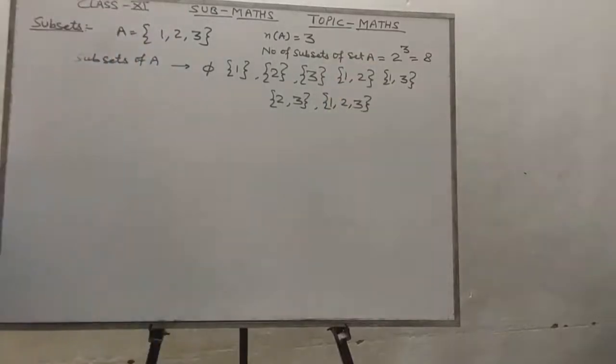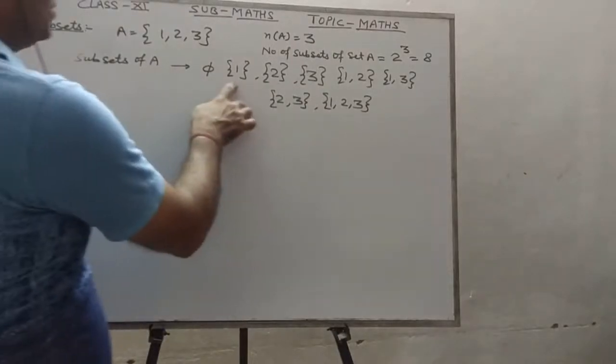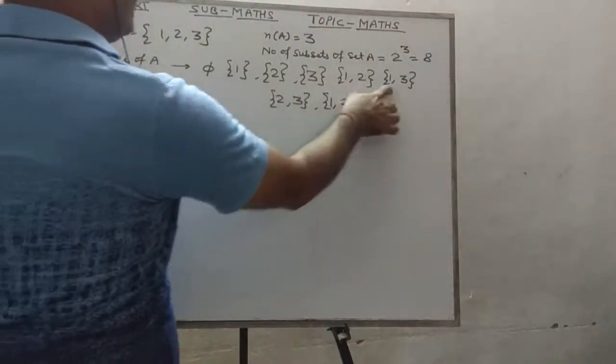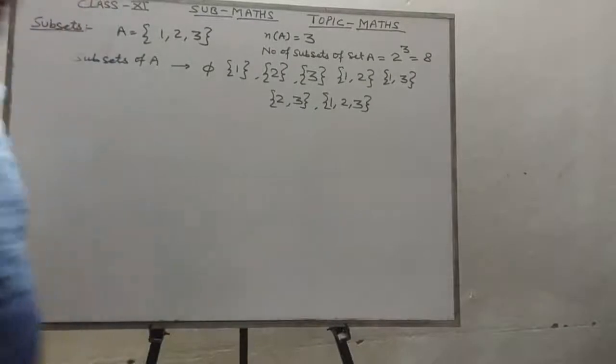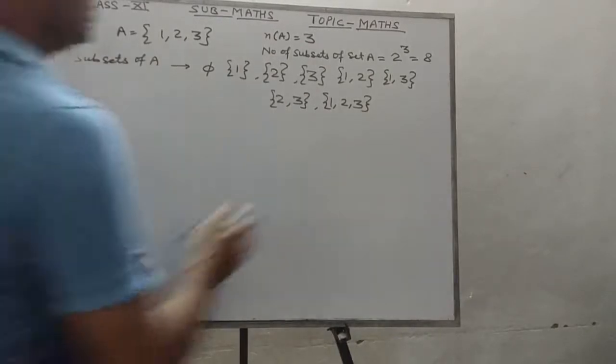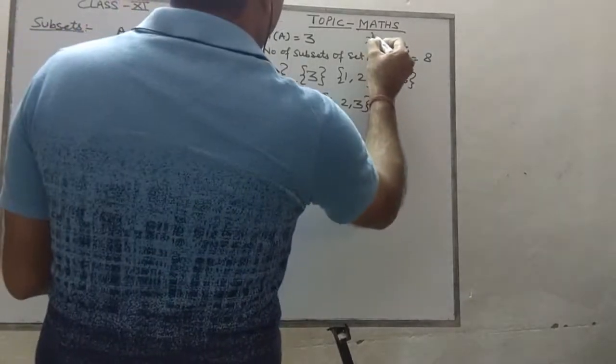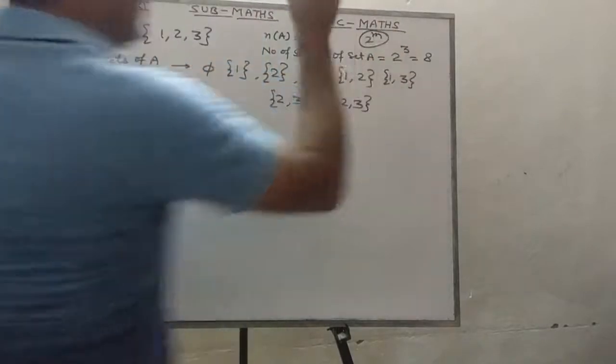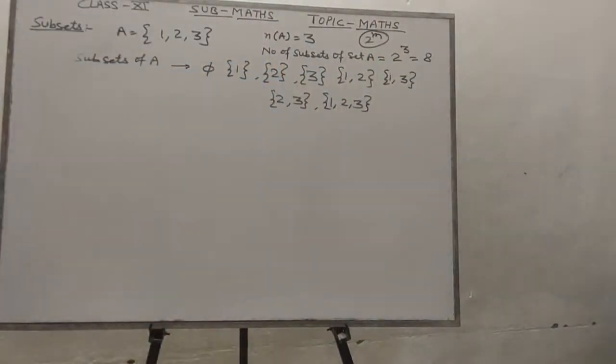All these are its subsets. So let us count these: 1, 2, 3, 4, 5, 6, 7, 8. It has 8 subsets. So we can find the number of subsets by the formula 2 raised to the power n, which will tell us the total number of subsets.